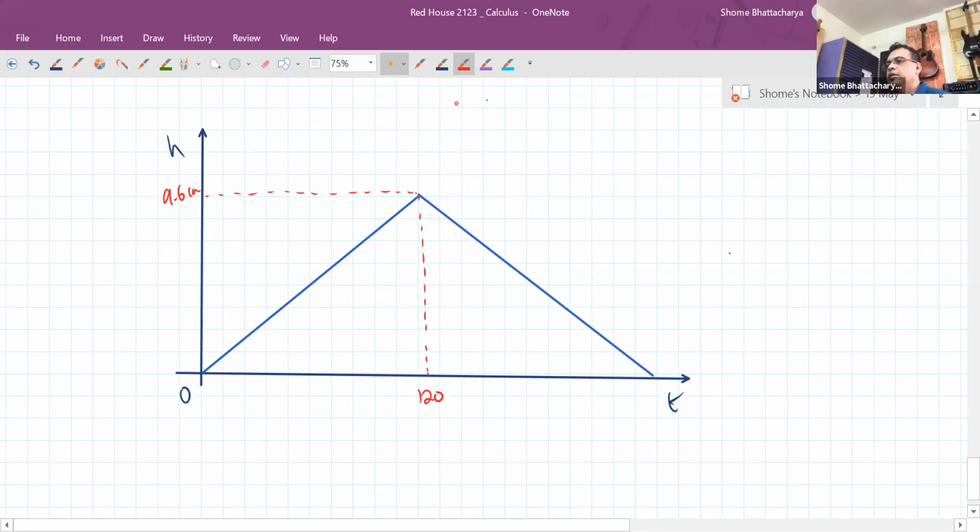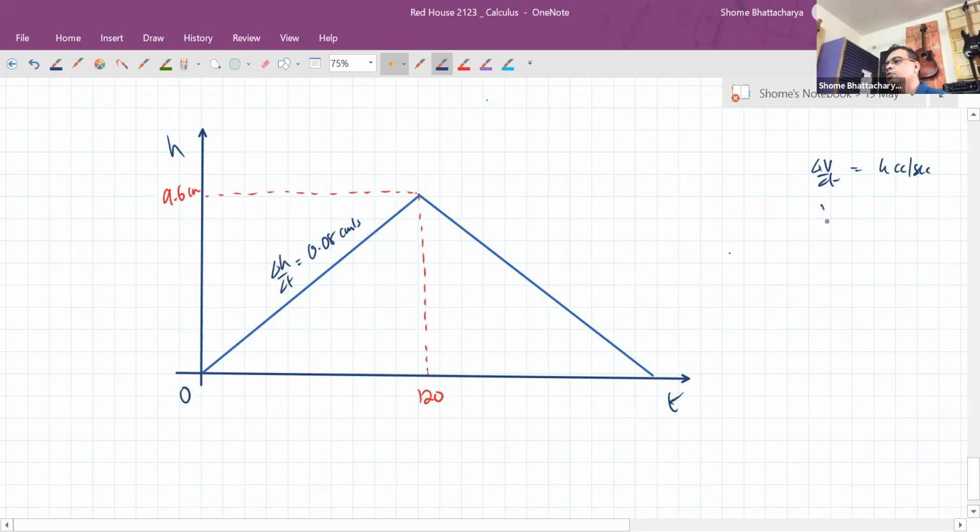Okay. But here it was increasing at the rate delta H by delta T was 0.08 centimeters per second. Okay, because remember the volume was increasing at the rate of 4 cubic centimeters per second.